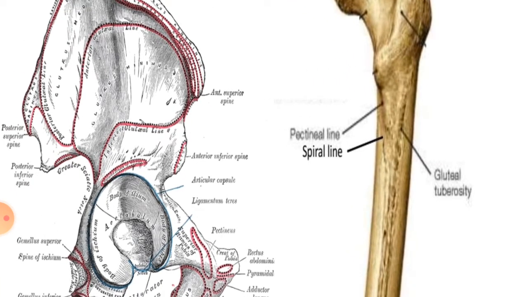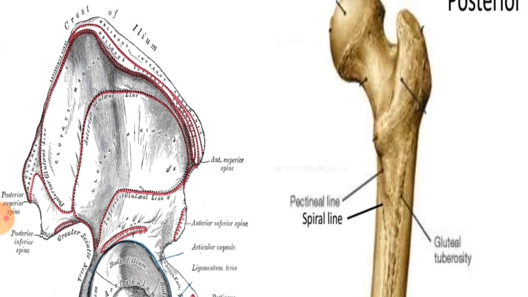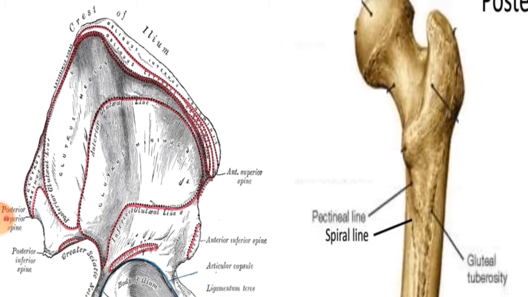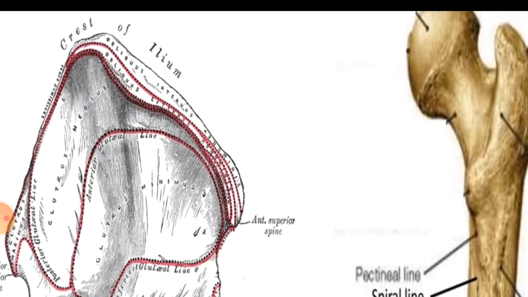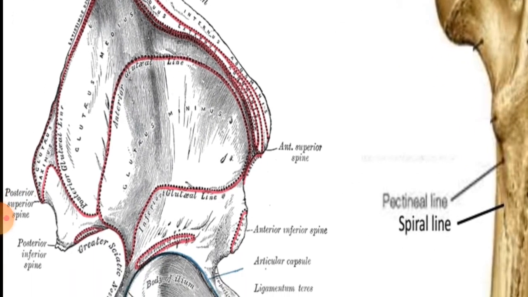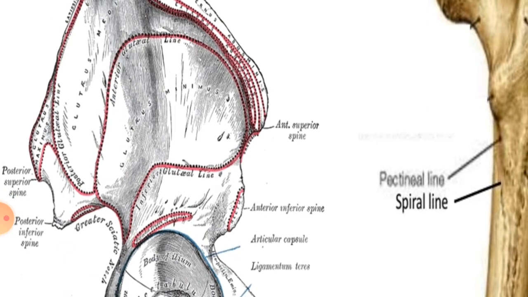Then comes the crest, and you can find them in the hip bone, and there are anterior superior iliac spine and the posterior inferior iliac spine. So these are the crest of ilium. Anterior superior iliac spine, you can feel them, and the posterior inferior iliac spine.